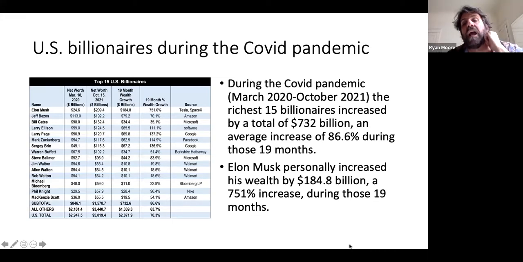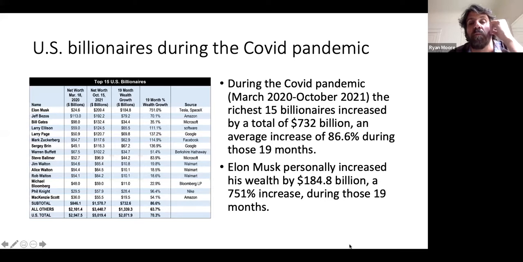That being an average increase of 86%. In other words, they almost doubled their total wealth in a period of a year and a half, where there was just this mass suffering going on.